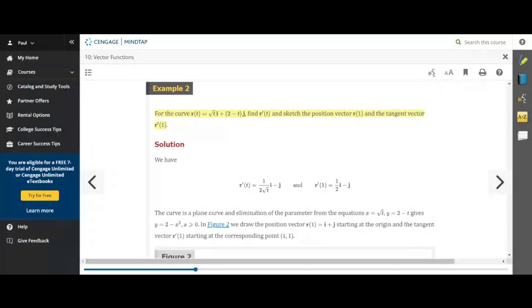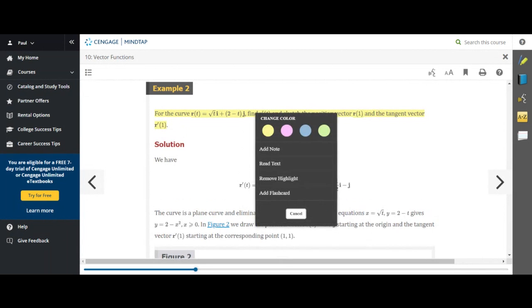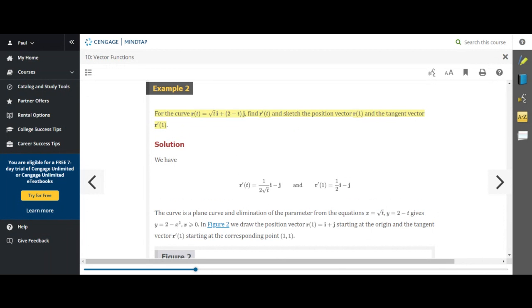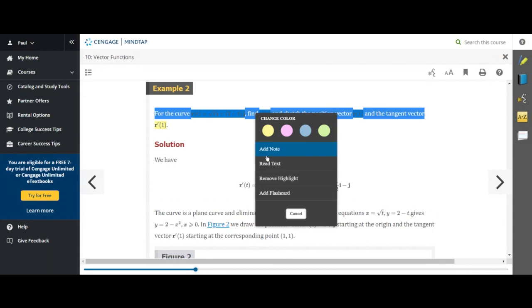For this curve, find the derivative and sketch the position vector r1 and the tangent vector r prime of 1. So there's r of t, and let me just take off a little bit of this highlight here.